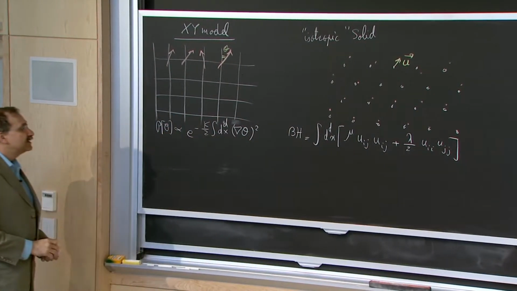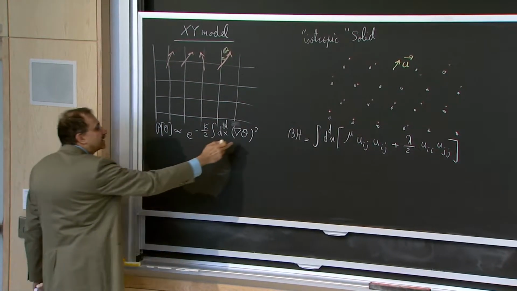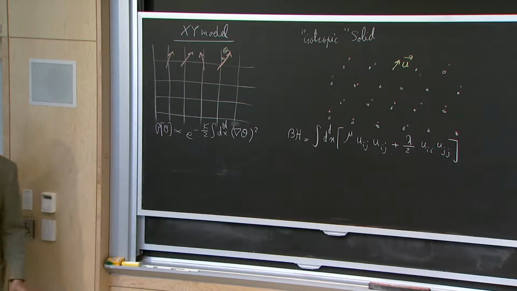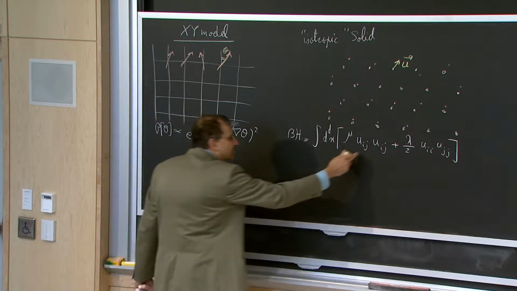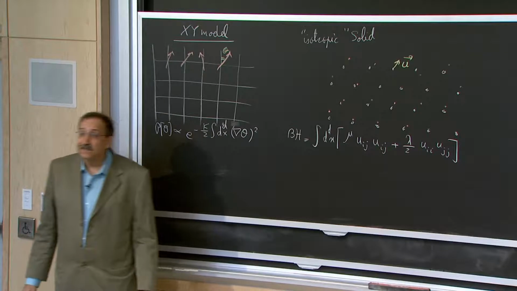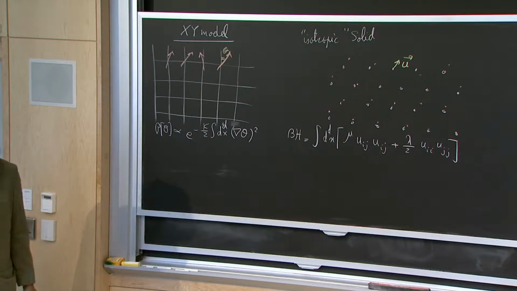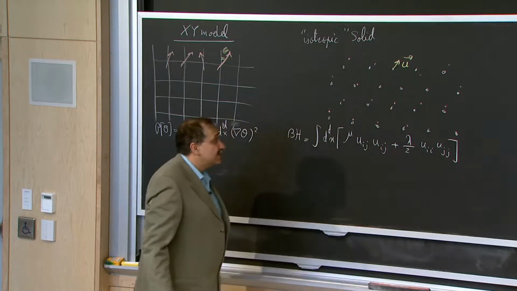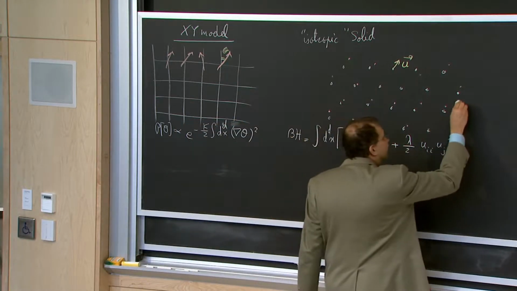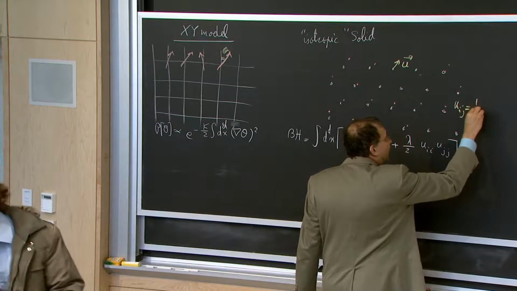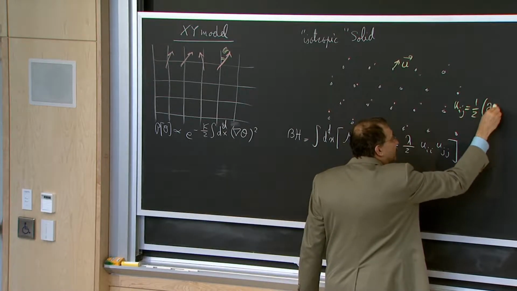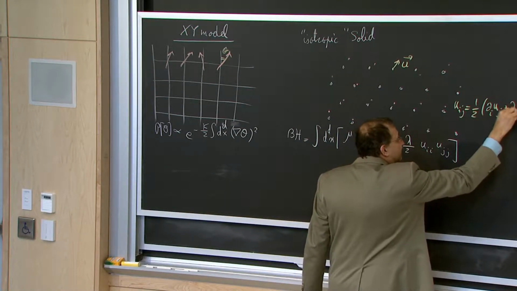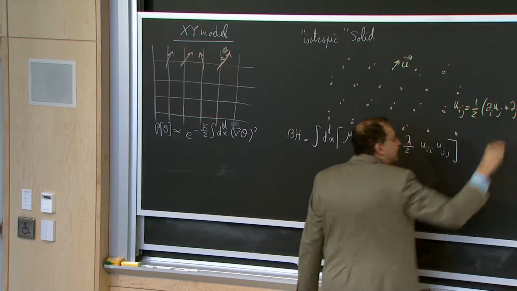The same reason here that it wasn't theta that was appearing, but the gradient of theta, is that a uniform theta does not make any cost. These strain fields are related to derivatives of the distortion, but now we remember that this u is a vector, and this strain field u_ij is 1/2 of the derivative of u_j in the i direction plus the derivative of u_i in the j direction, symmetrized.